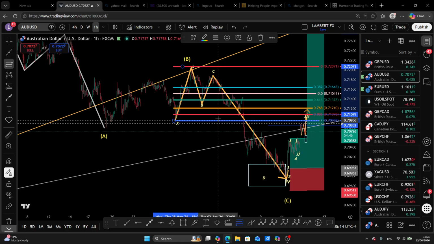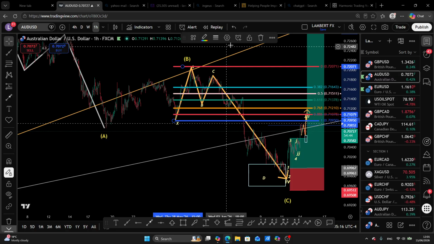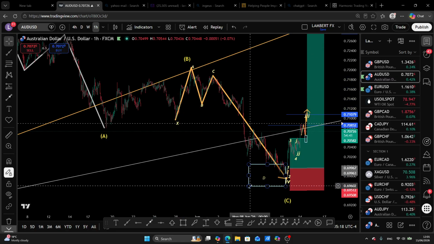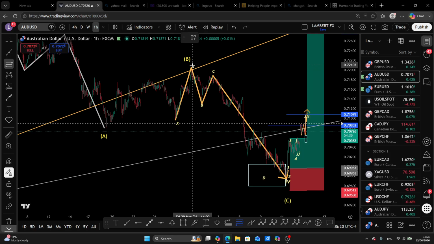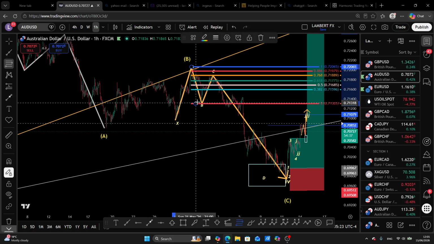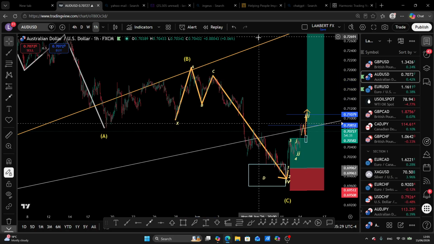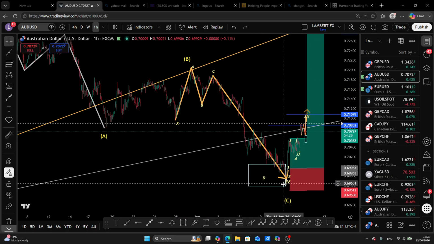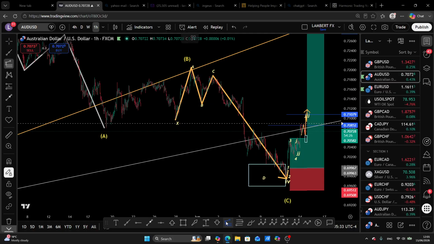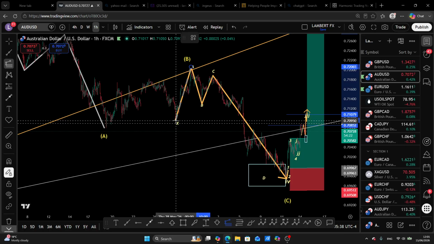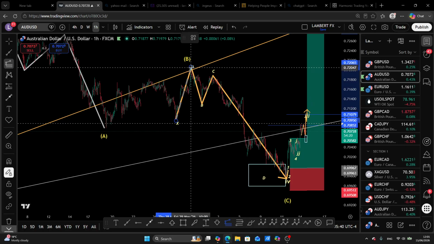If you want to measure this again, if you want to be sure, take your fib retracement and measure from A to B. As you can see, the 0.382 was touched, which is valid. Now to get to your D leg where to buy, take the fib extension and measure from A to X, back to A again.